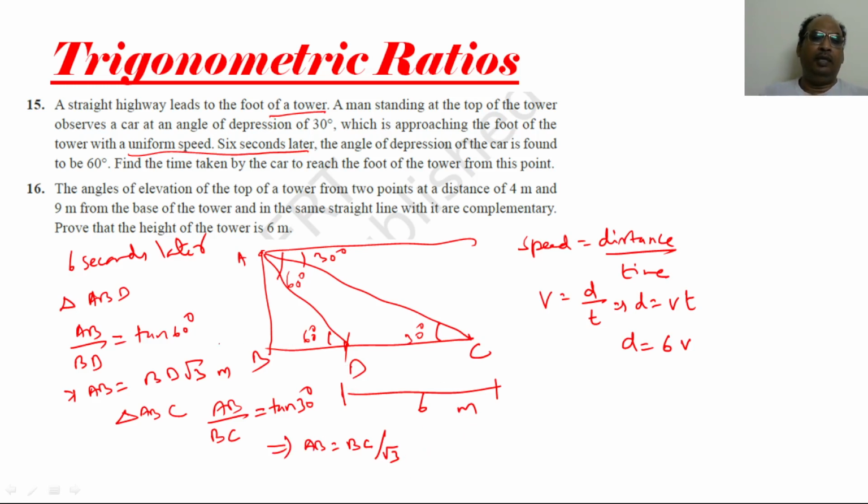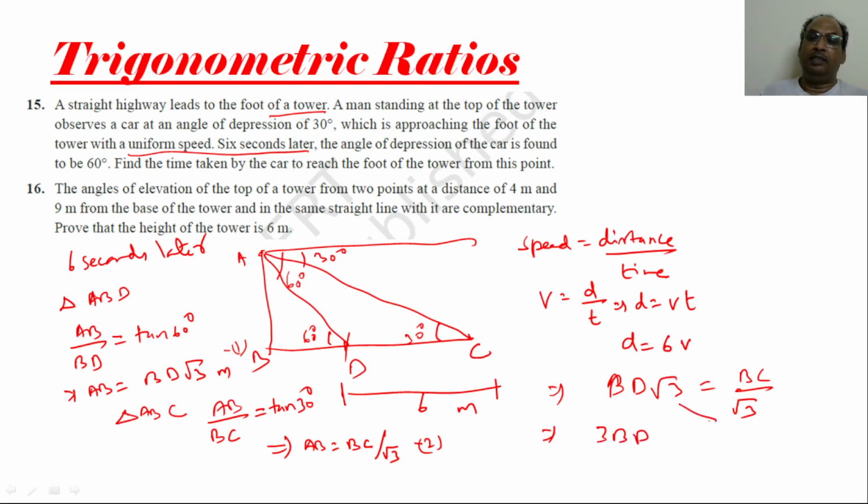So AB from this equation and from this equation, we can equate them, and we can write that BD root 3 is equal to BC by root 3. This root 3 will get multiplied, so it will become 3BD, as these two will get cross multiplied.